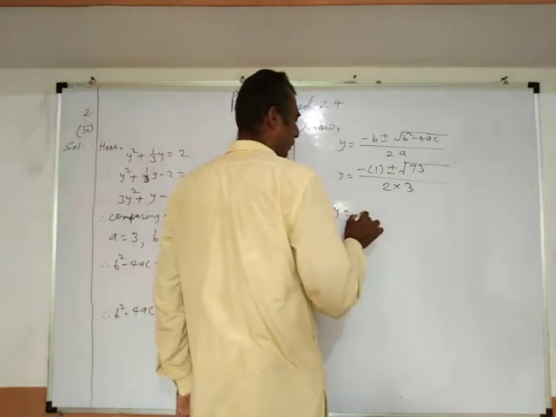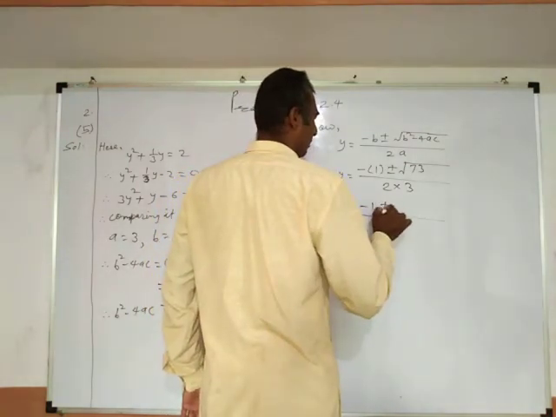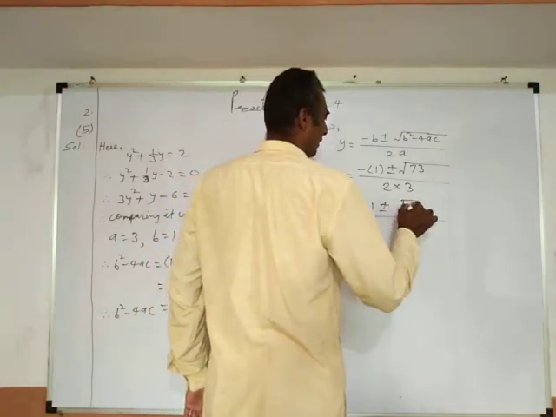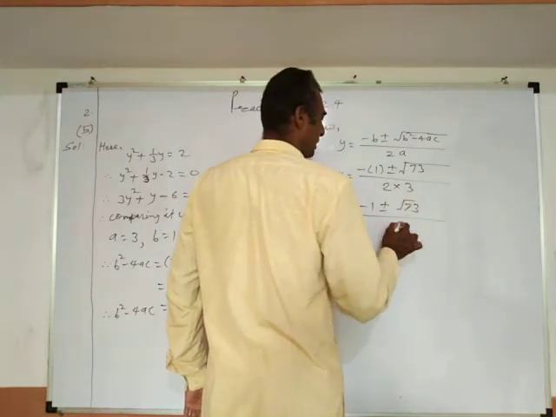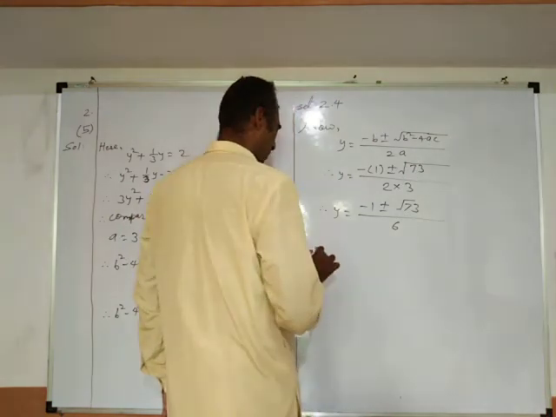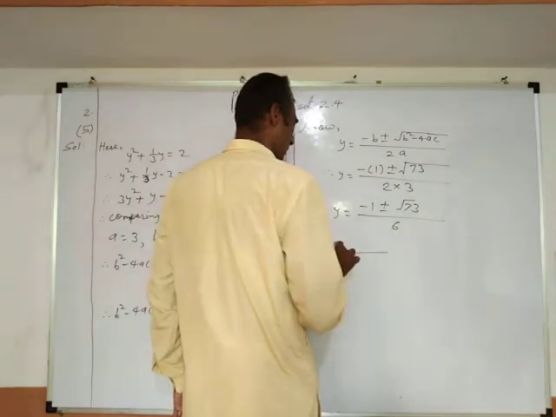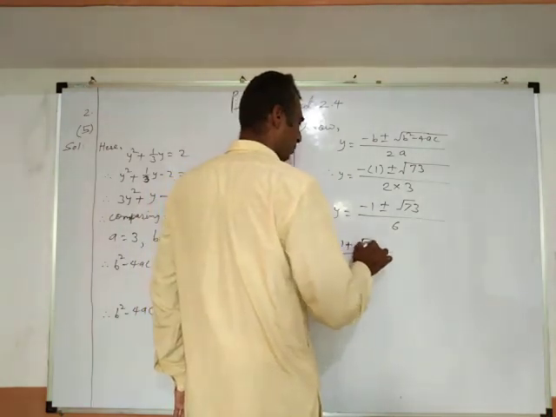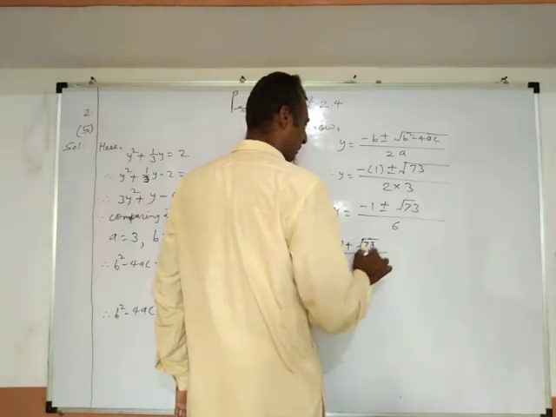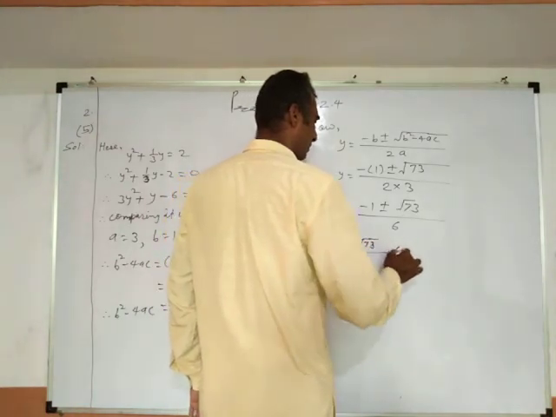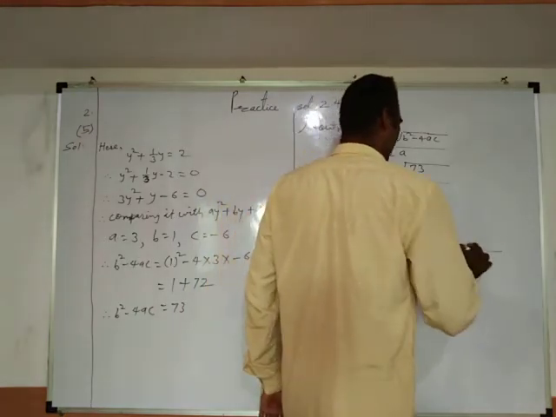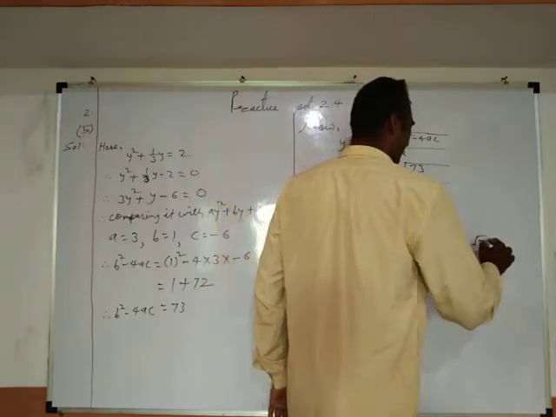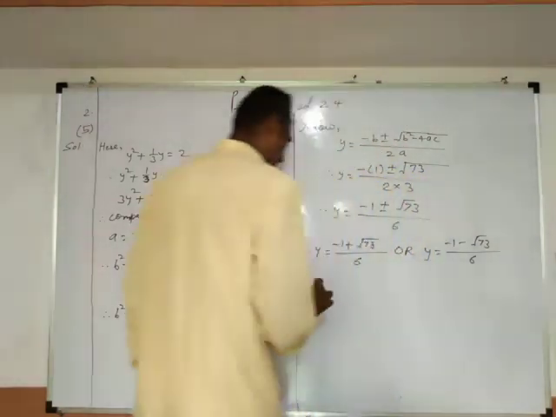Therefore y equals minus 1 plus or minus root of 73 upon 3 2s are 6. Therefore y equals minus 1 plus root 73 upon 6, or y equals minus 1 minus root 73 upon 6.